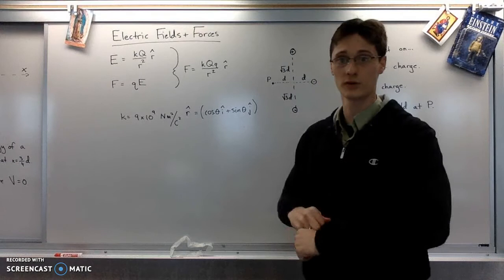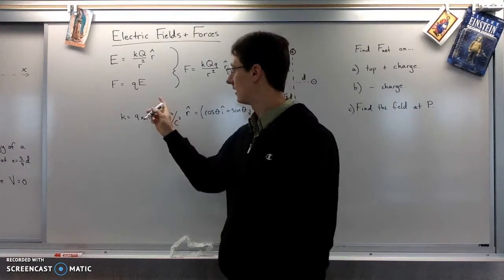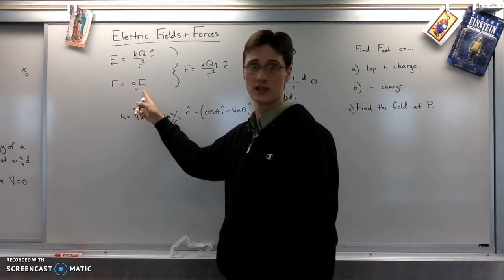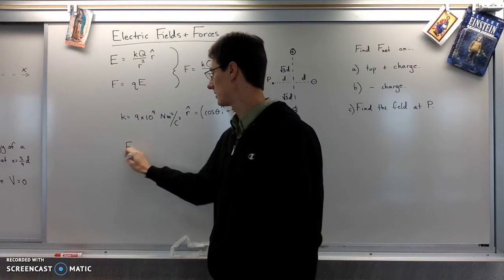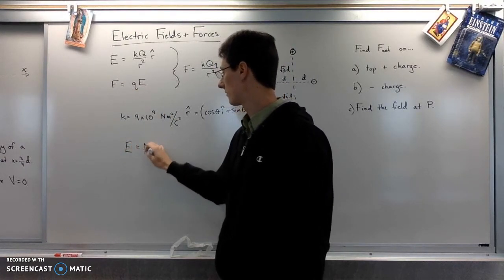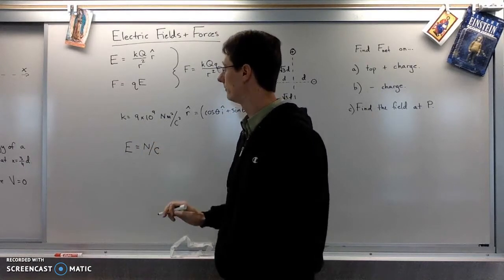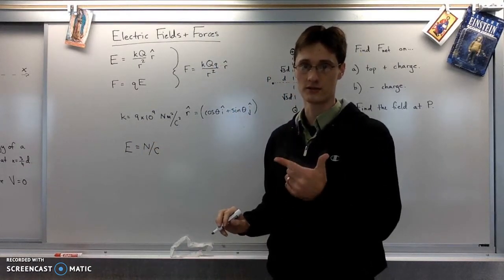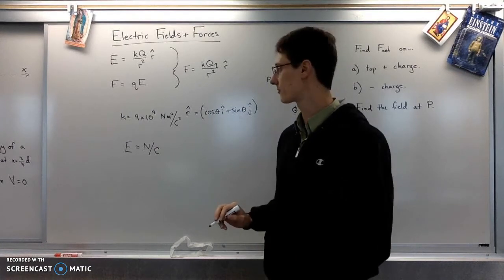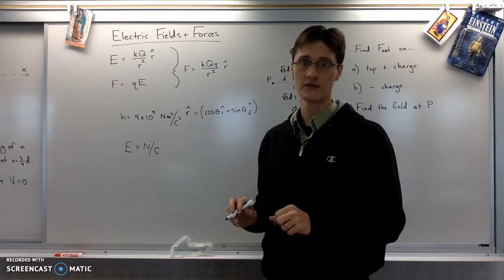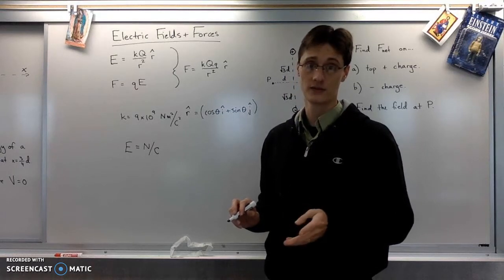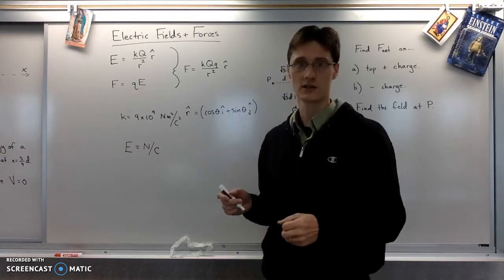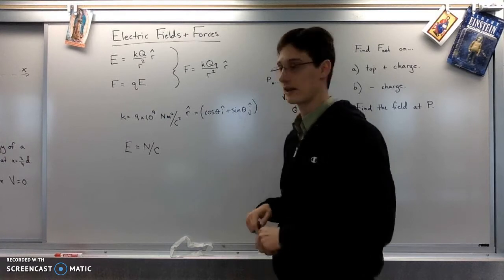All right, I guess one more reminder about units here. Since F equals QE, the unit for an electric field is going to be newtons per coulomb, since force is newtons and Q is measured in coulombs. There's another unit that we're going to see for electric fields when we start looking at electric potential for review, but that's a good starting point for what we're going to look at right now.